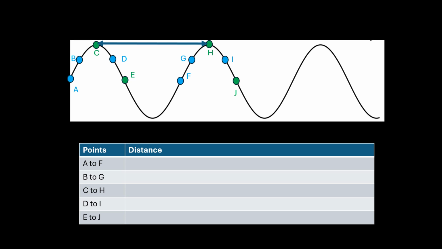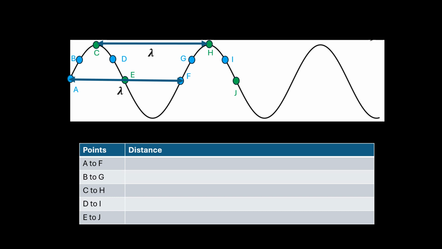This is the distance lambda between two adjacent crests, C and H. However, if you look carefully, you will also note that the distance between A and F is equal to the distance between C and H, meaning that distance is also a wavelength lambda.